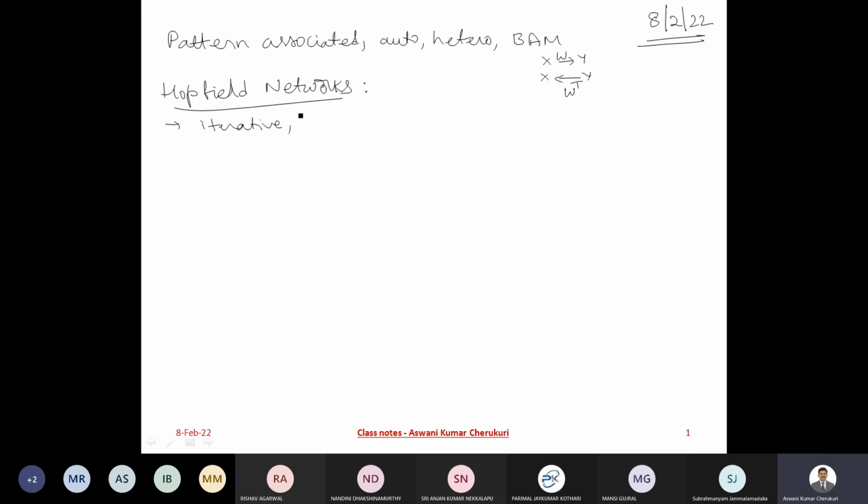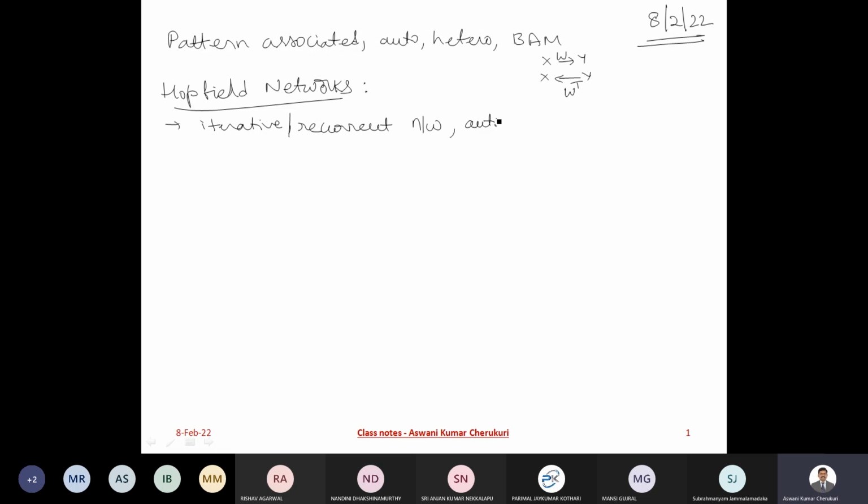I hope you remember that in the very beginning of the pattern association, we talked about feed forward and similarly iterative, two varieties of approaches. So today we are going to discuss an iterative approach, the Hopfield network, and you can call it iterative or you can even call it a recurrent network.